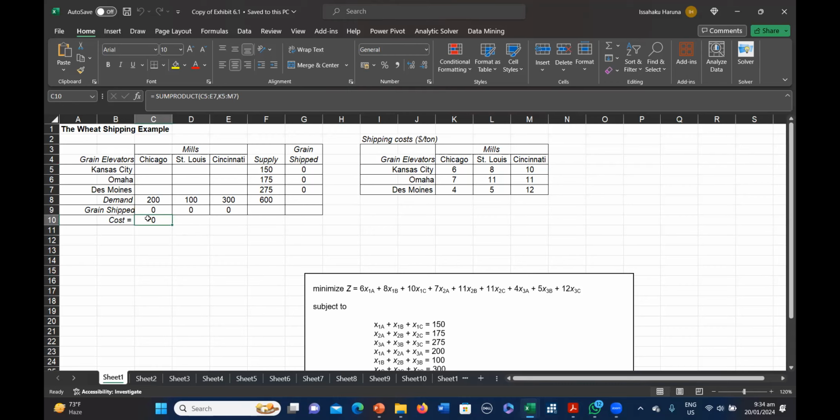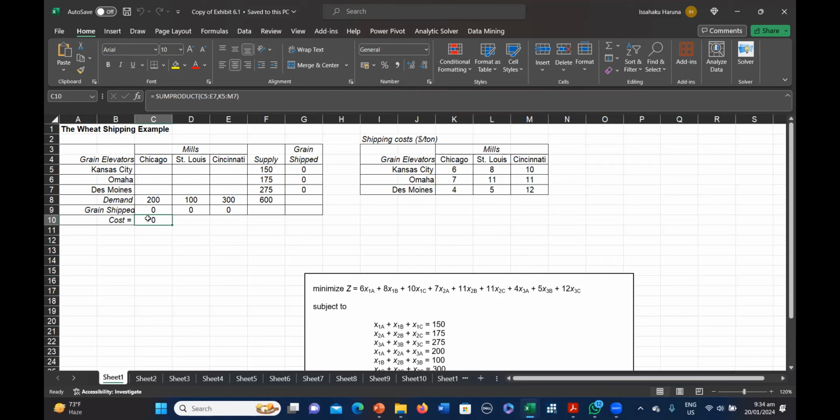So we pick each element of this times 6, this times 8, this times 10, in that order. So we are multiplying the decision variables here times the cost. And that's the z is equal to that. Okay, that's our objective function.